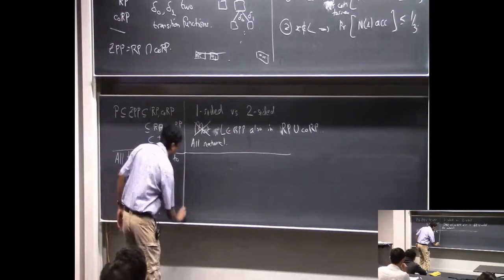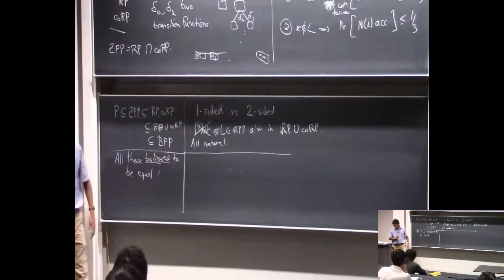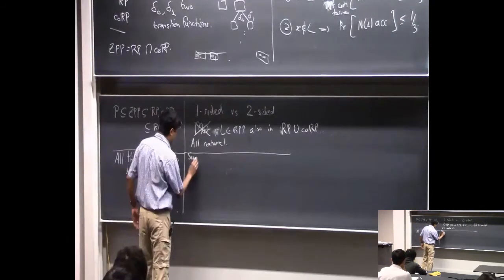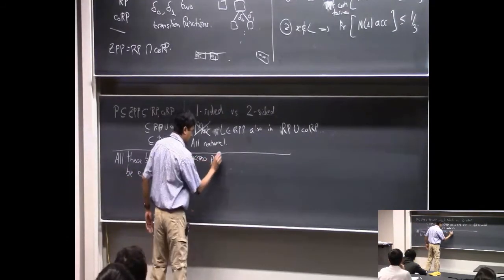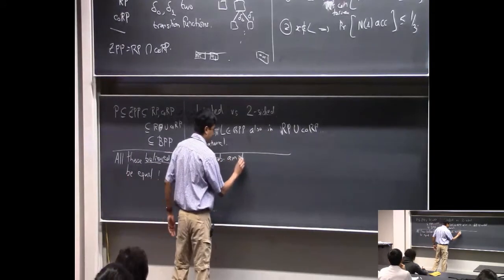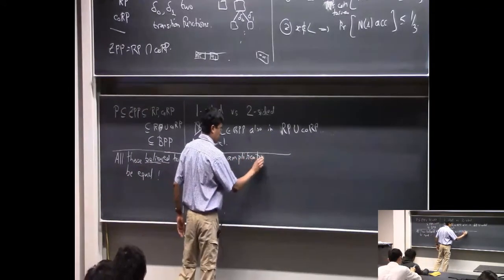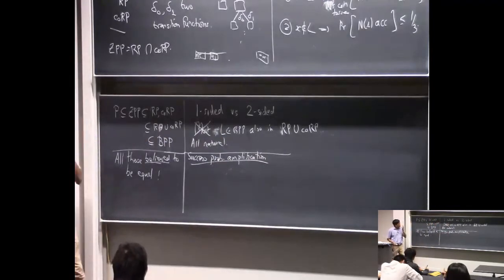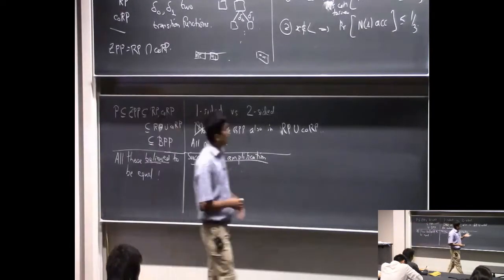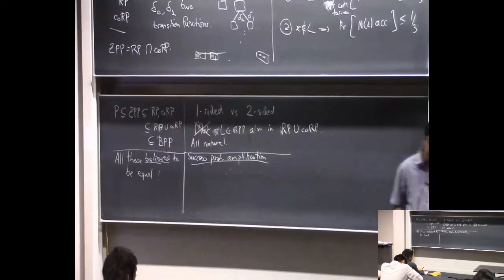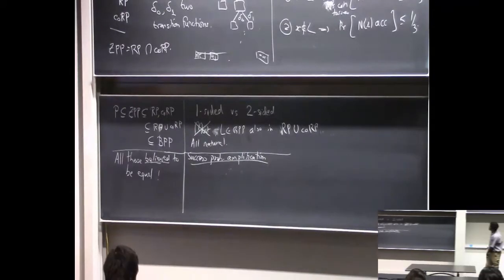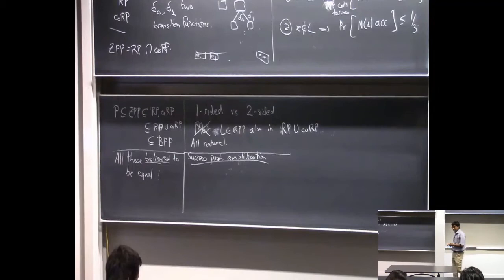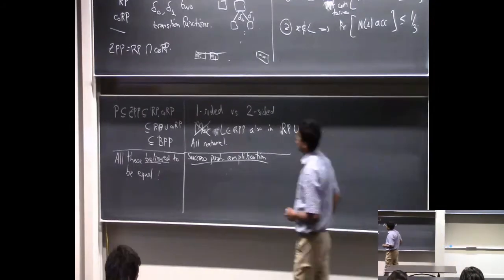Okay, so one other thing I want to talk about is success probability amplification. So what do I mean by this? Right now you have a success probability of 2/3, so you get the correct answer with probability 2/3. You might want to get an answer which is even better than that, right? You might want to have higher confidence. So how are you going to do that?